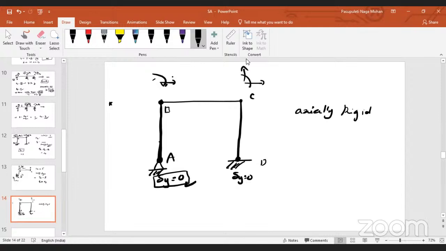But as this support will not allow any vertical deflection, because of the axial rigidity, vertical deflection at point C is also equal to 0. That's why I will eliminate the vertical here too. Now how many are we left with? Total 1, 2, 3, 4, 5. Now again, what is the axial direction for member AC?